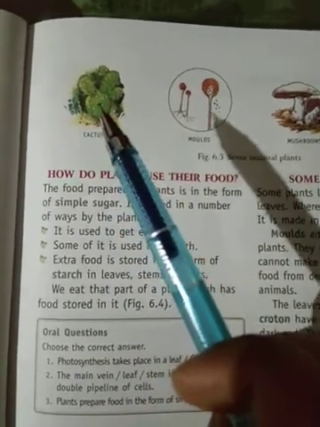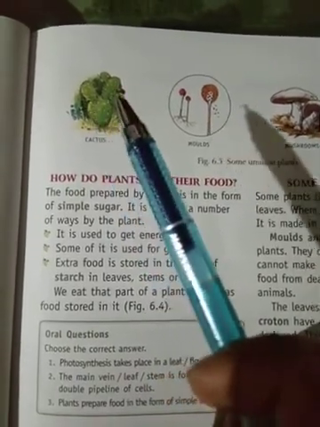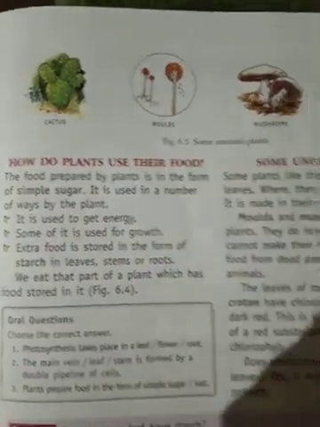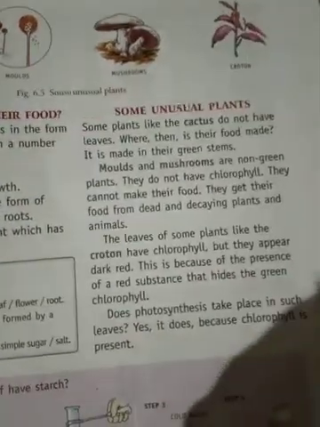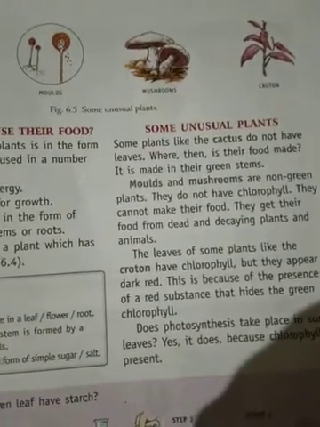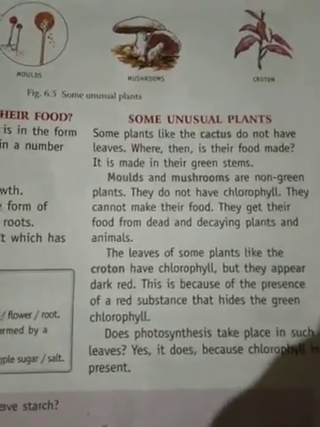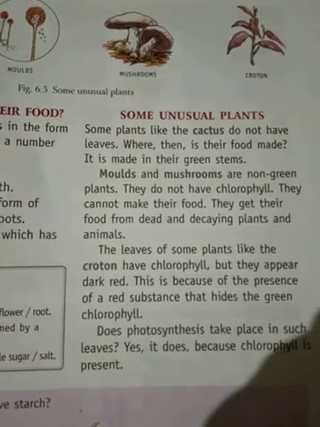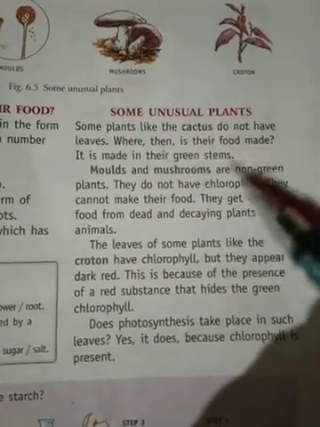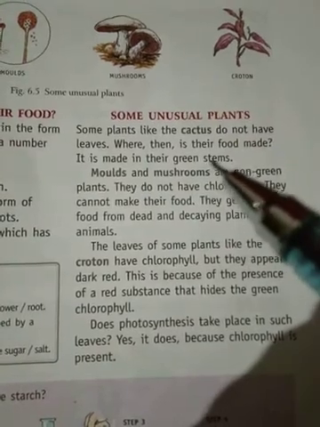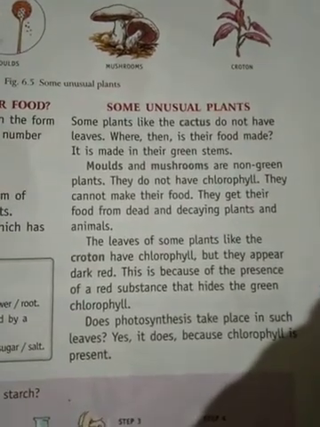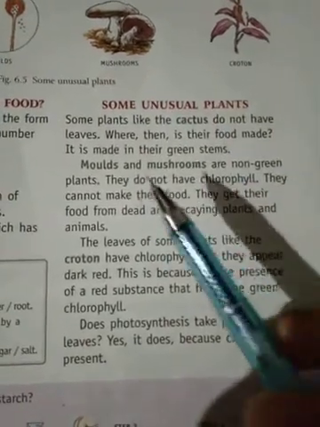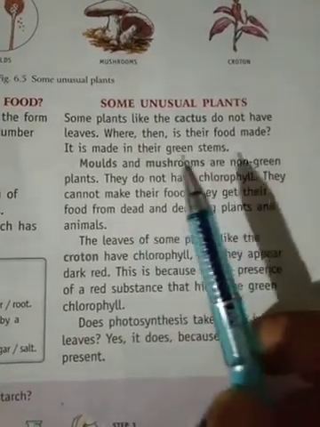Those are responsible for preparation of food, because chlorophyll is present there, so it looks green. Here you will not find any leaves. Instead of leaves there are some spikes. Why, we will come to know about it later in the higher classes. This is out of your syllabus, so I don't want to make this video longer by discussing those things.